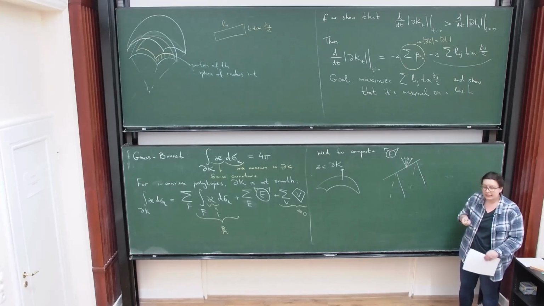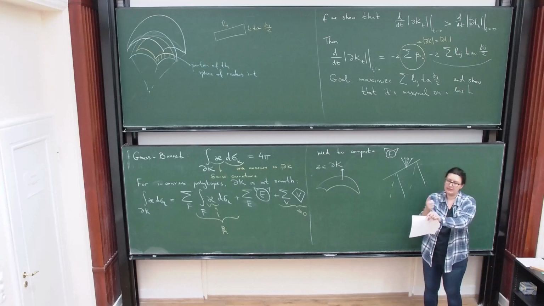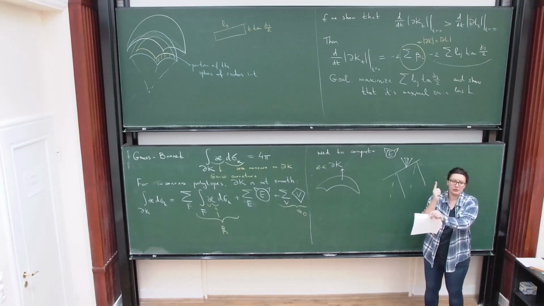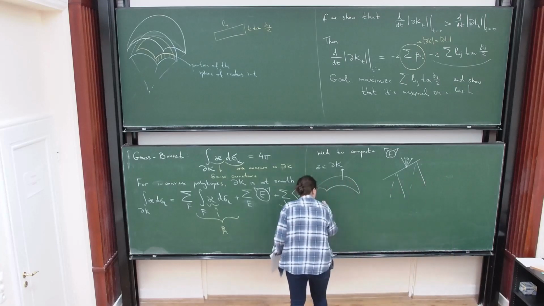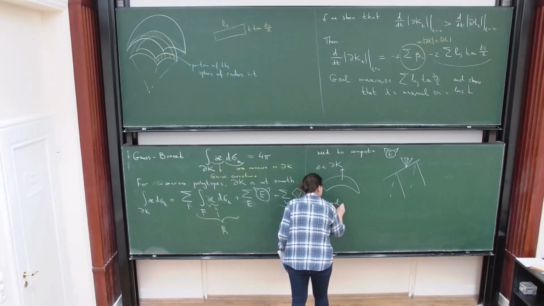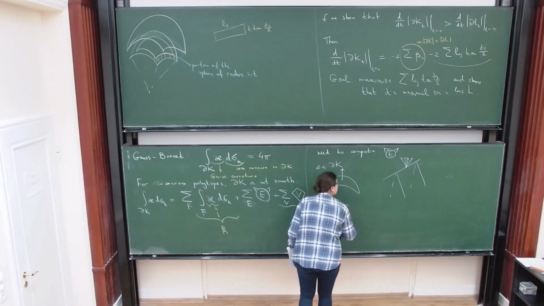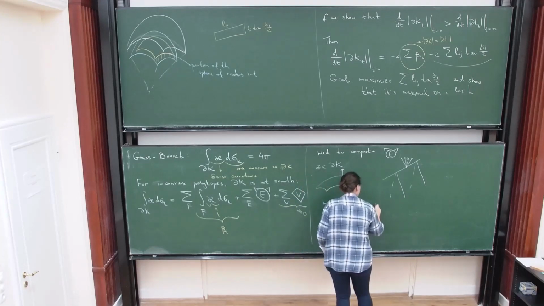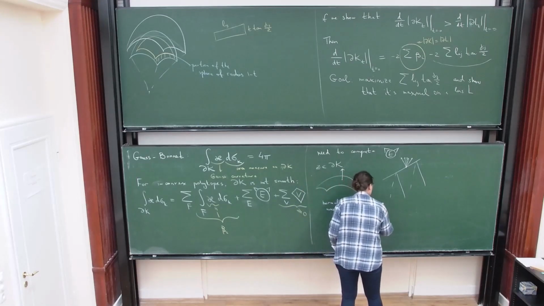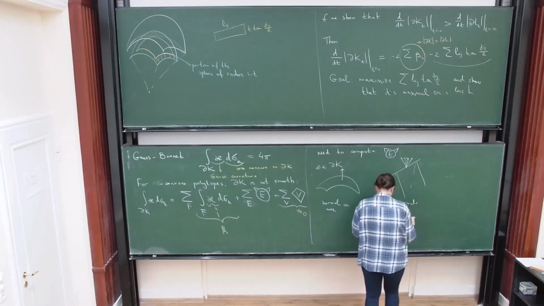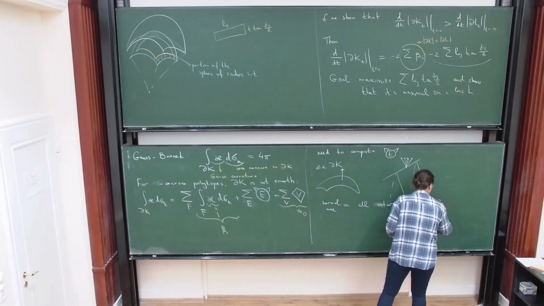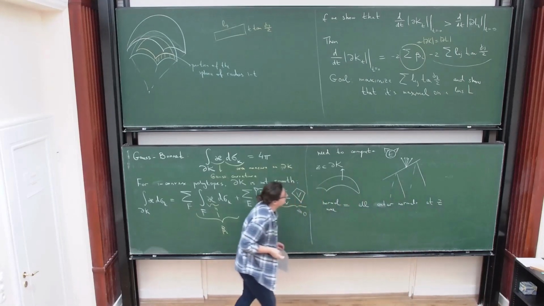And if I have a vertex, even more, right? Somehow I can think of it as a cone of all the normals around the vertex. So that's why let me define the so-called normal form to be all outer normals at the point z.